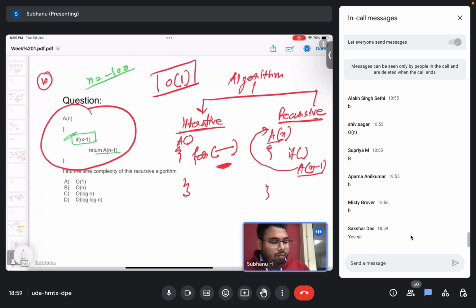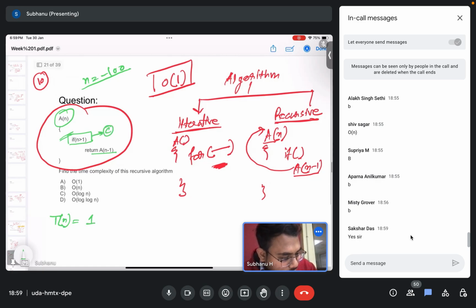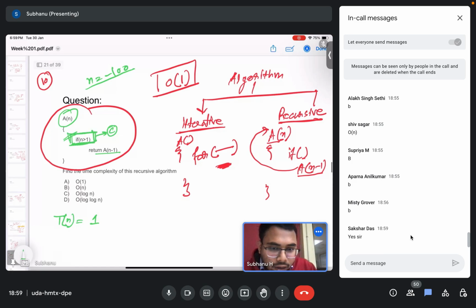Okay, so in the back substitution method, what we can do is, this is basically for T(n) time the algorithm will run. For that we will be doing some constant amount of work, so that's why I am writing 1.